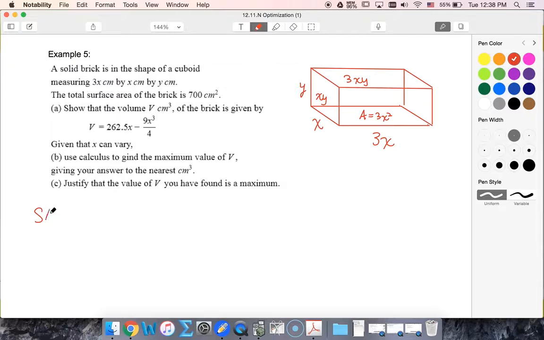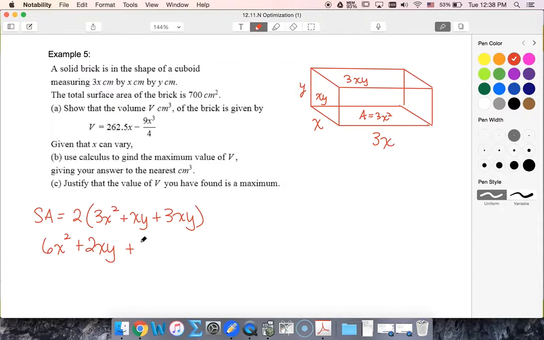So my total surface area is going to be 2 of the 3x squared plus the xy plus the 3xy. And I know that that's 700. So 6x squared plus 2xy plus 6xy is 700.